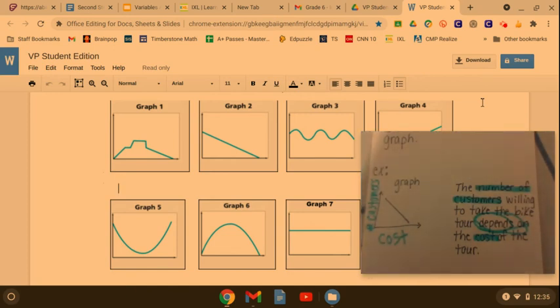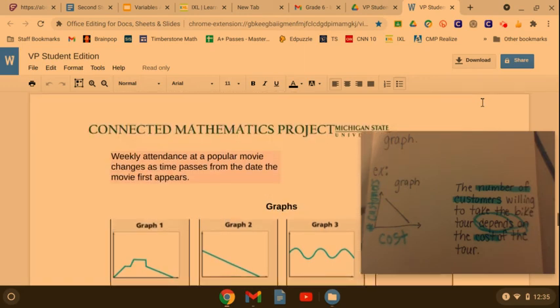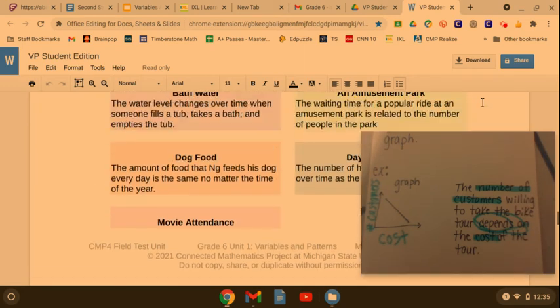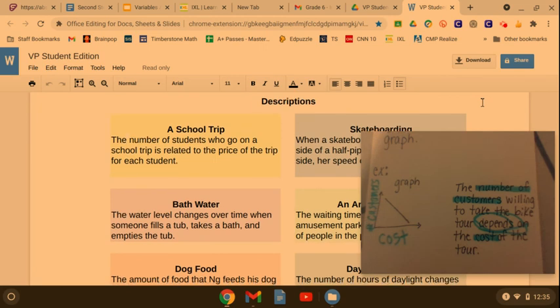Okay, so I want you to be able to do the same thing on your worksheet. And I'm going to have you take a look on your worksheet at the first story, talking about a school trip. It says the number of students who go on a school trip is related to the price of the trip. This is very similar to the example we just did.